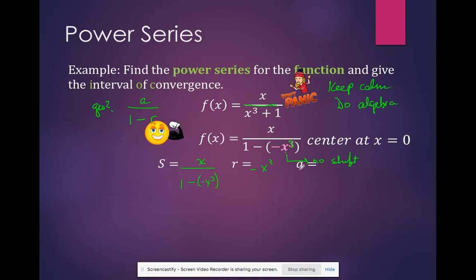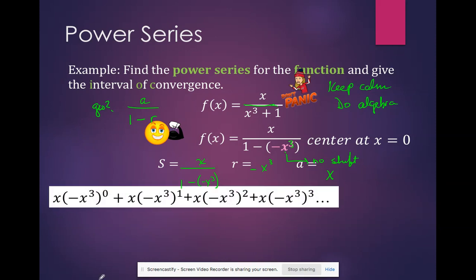Negative x cubed. And what's my first term? The numerator, x, right? So can you write out some terms? What if I asked you to write out the first 4 terms? 1, 2, 3, 4. a r to the 0, a r to the first, a r to the second, a r cubed, dot, dot, dot.